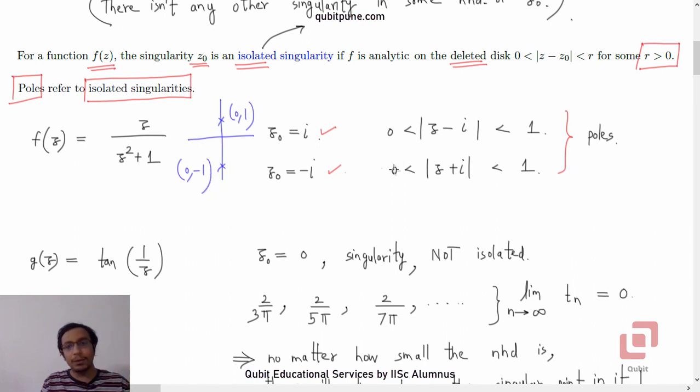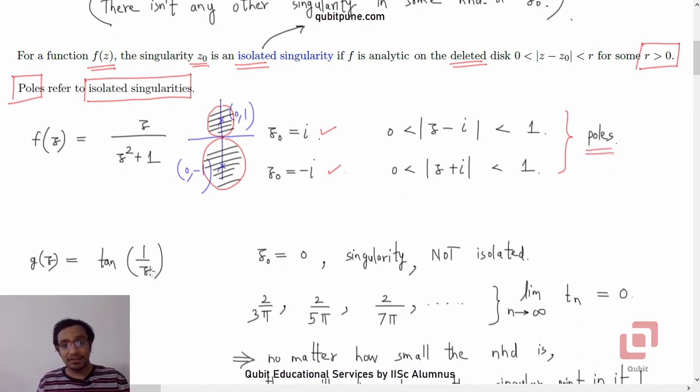If we now consider two deleted disks, meaning we will not consider the centers, one centered at 0, 1, and you can take any radius less than 2, and the same thing with the other. Within these two disks there are no other singularities. So these are isolated singularities, or we will call them poles.